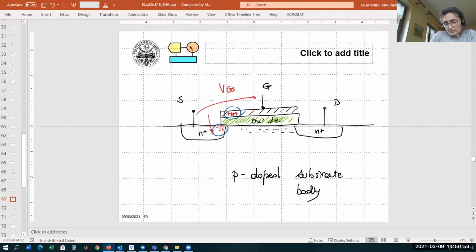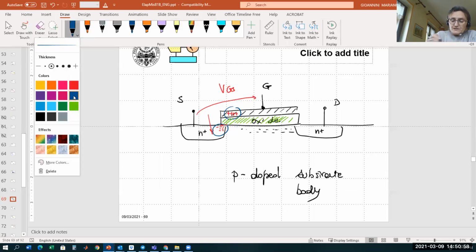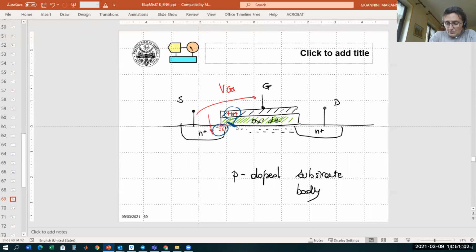So this one is a capacitance. It is a parasitic capacitance that we indicate with C_GS, the capacitance between gate and source.